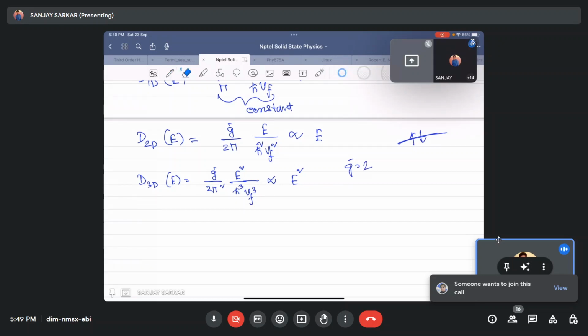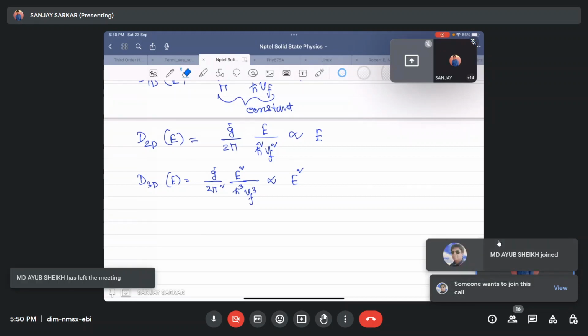For any spin half fermions, g bar is 2. This g bar is actually 2s plus 1, where s is the spin. So 2 into half plus 1 is 2. It is just the degeneracy factor. If you consider a spinless system, then g bar is just 1. But for a spin half system it is 2. Do you understand? Yes, sir.